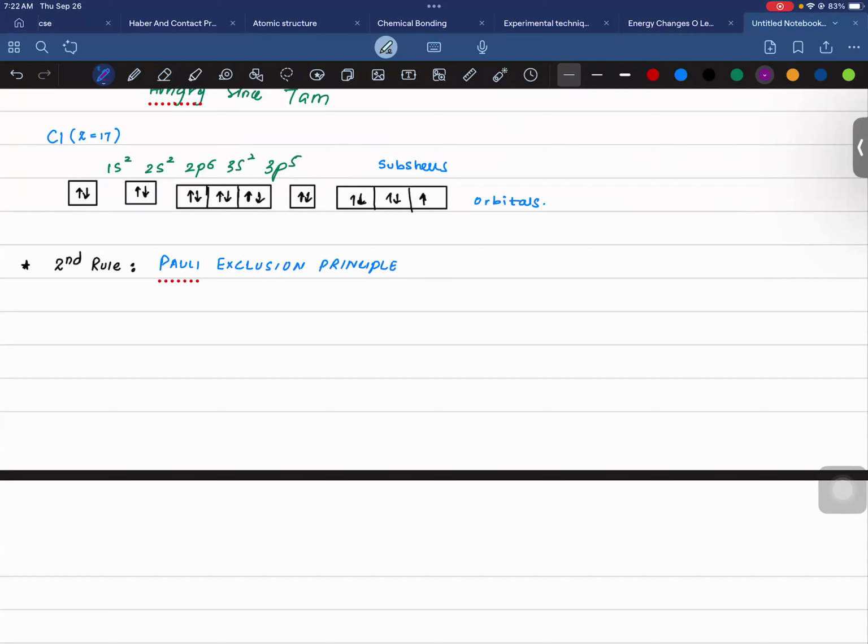This principle says, okay, that an orbital, let me tell you, you are supposed to write it down.